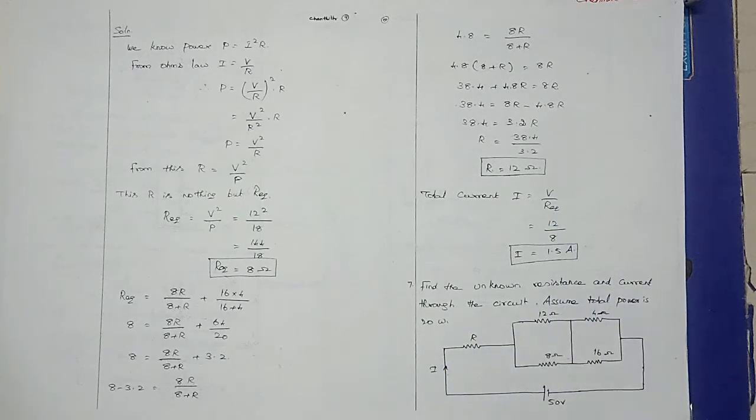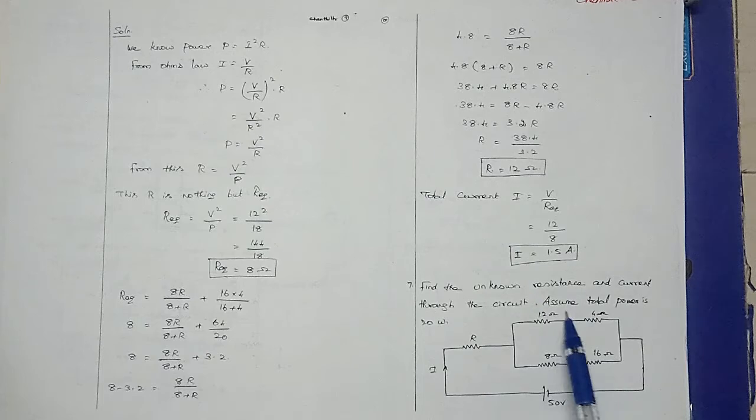So this is also a similar problem like what you have seen here. So find the unknown resistance and current through the circuit, assuming total power is 20 watt. So power is given, 50 volt, it's also given. This resistance is unknown. So here current flows here, it comes here, it divides here. So these two are parallel.